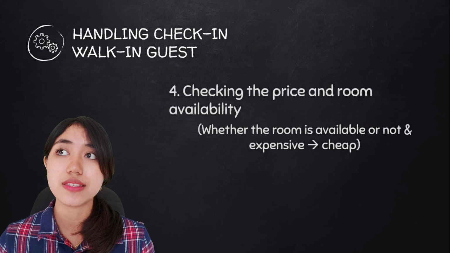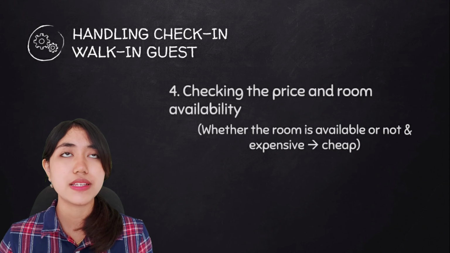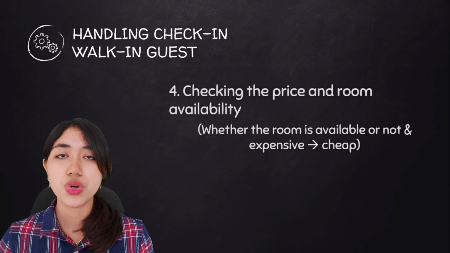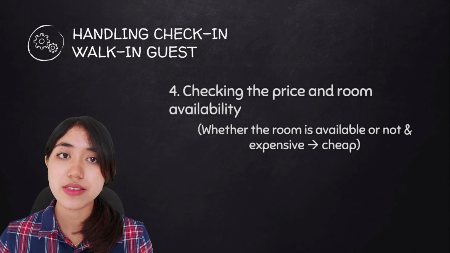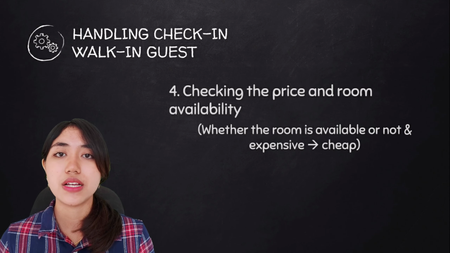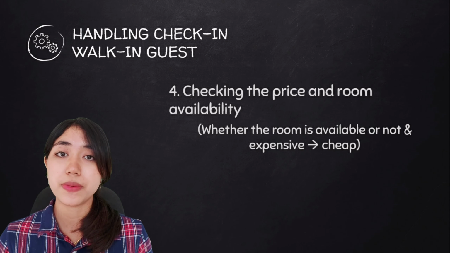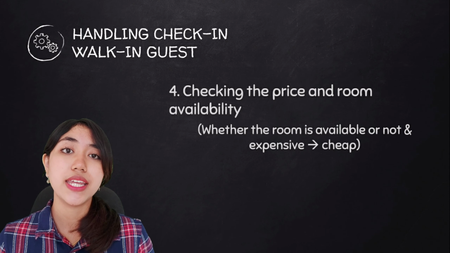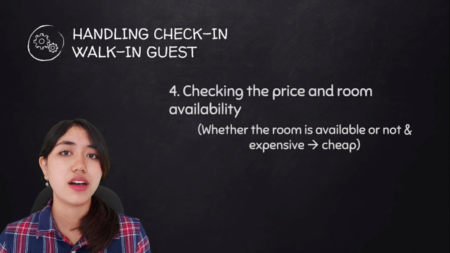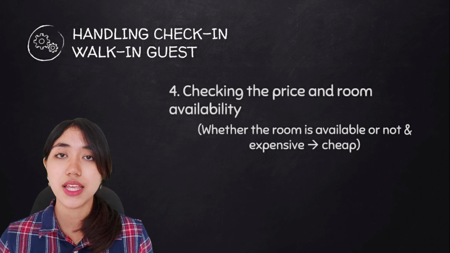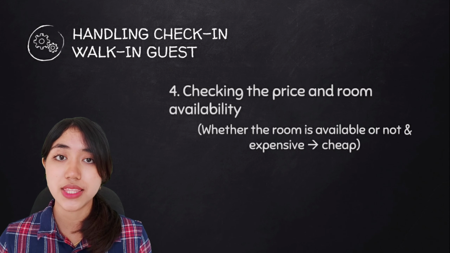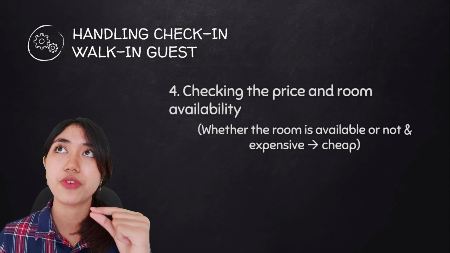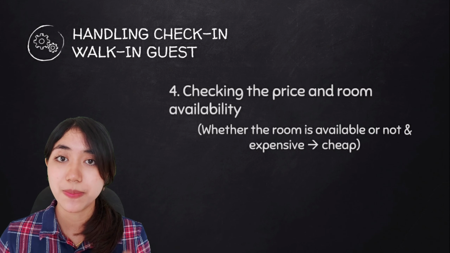If the room is not available, the front office will offer another room, and if the price is too expensive for the guests, the front office staff will suggest choosing another type of room. This happens because the hotel has a marketing strategy that offers rooms from the expensive one to the cheaper one.